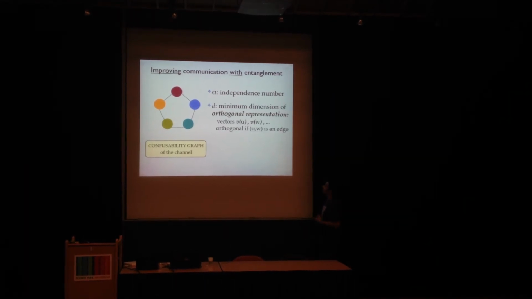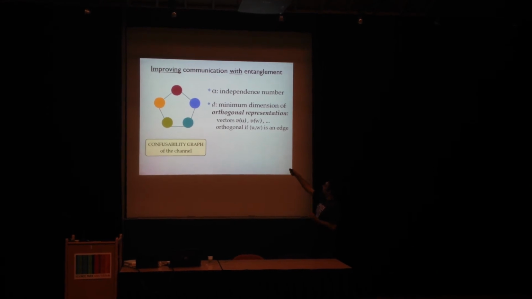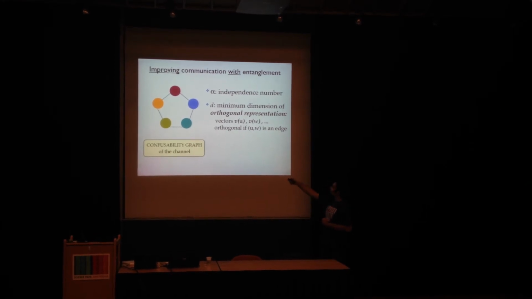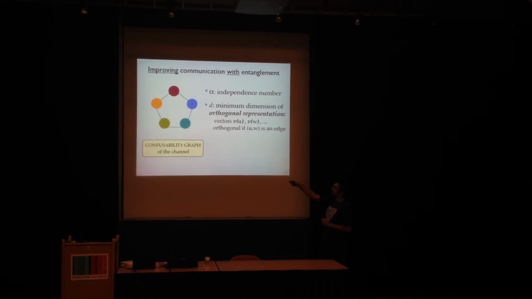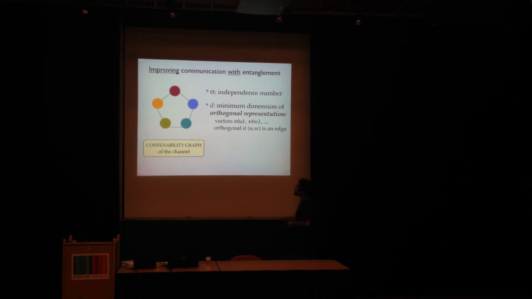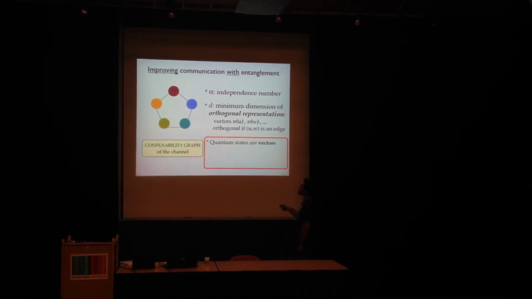But for the quantum solution, we need another parameter, which is d, the minimum dimension of an orthogonal representation of the graph. So an orthogonal representation is an assignment of vectors, one vector per vertex, such that adjacent vertices get orthogonal vectors. Okay? So now consider what we said before.